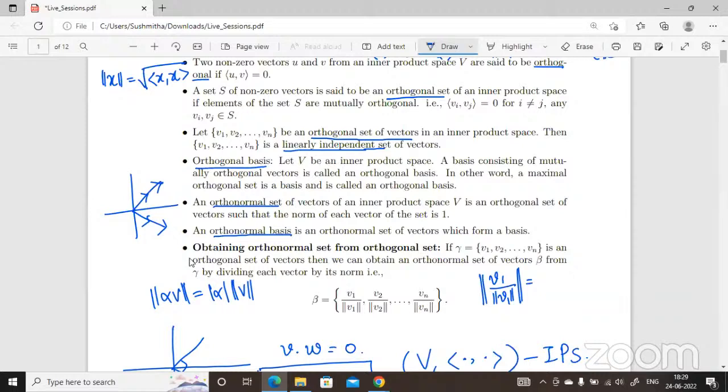So here 1 by norm V1 is a scalar. You take that out, into norm V1. So this is 1. So any vector, when you divide by its norm, becomes a unit vector. If you have an orthogonal set, you just divide every vector by its norm, and you get an orthonormal set.